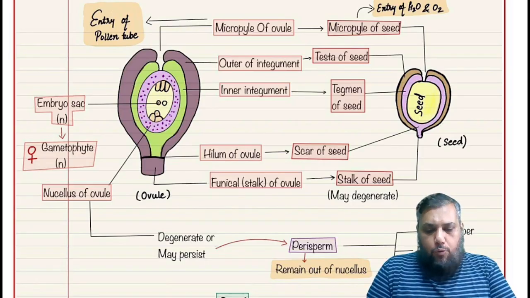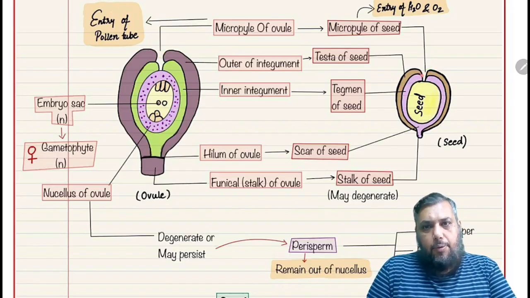Just as the ovule had a micropyle, the seed also has a micropyle, and in the case of an ovule, this micropyle helps in the entry of the pollen tube, and in the seed it helps in the entry of water and oxygen and the exit of the radicle.